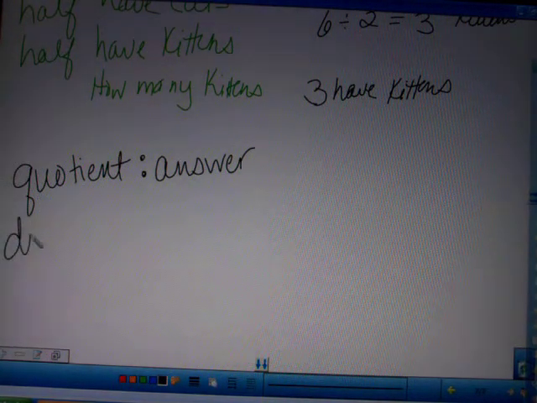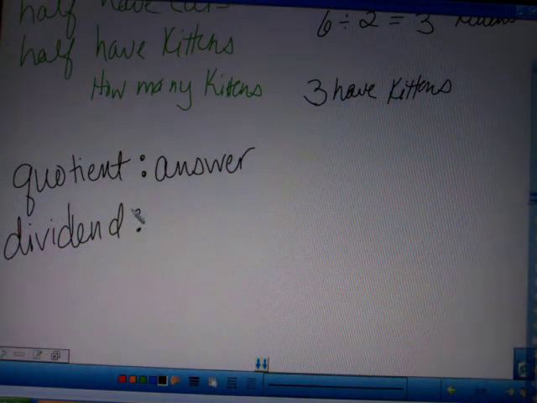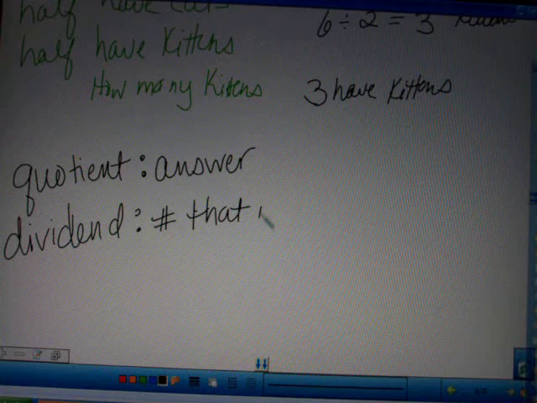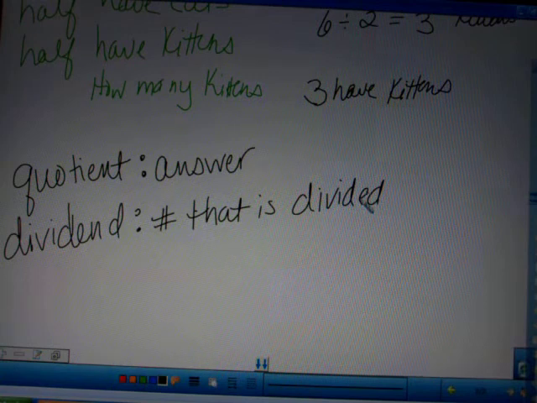Then the next one we have is the dividend. I'll make sure I spell it correctly. The dividend is the number that is divided. So we've got our quotient, that's our answer.